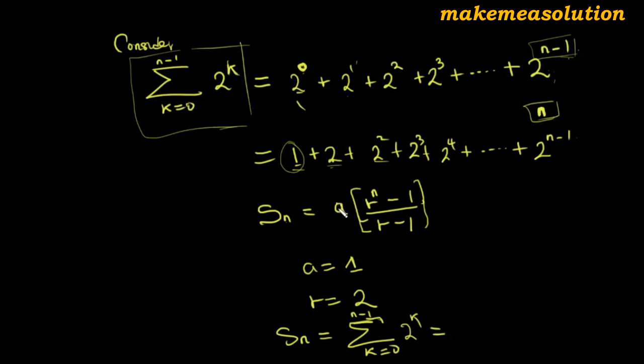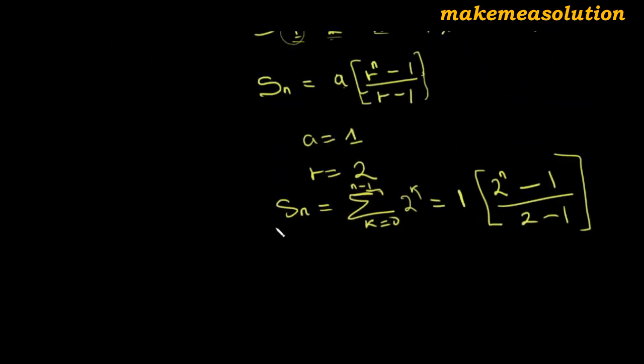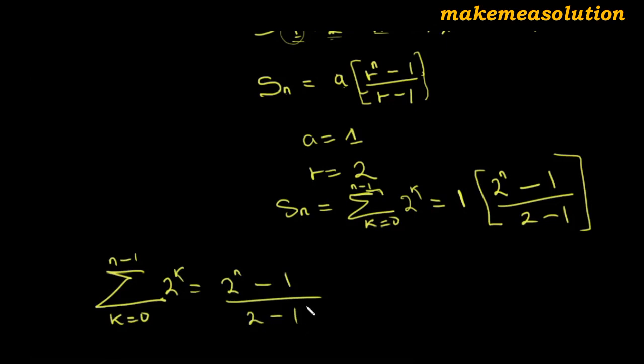According to this formula, a is 1, and r raised to the power of n gives 2 raised to the power of n, minus 1, divided by 2 minus 1. So in the last video, if you noticed, I said that the summation from k equal to 0 to n minus 1 of 2 raised to the power of k results in 2 raised to the power of n minus 1 over 2 minus 1.